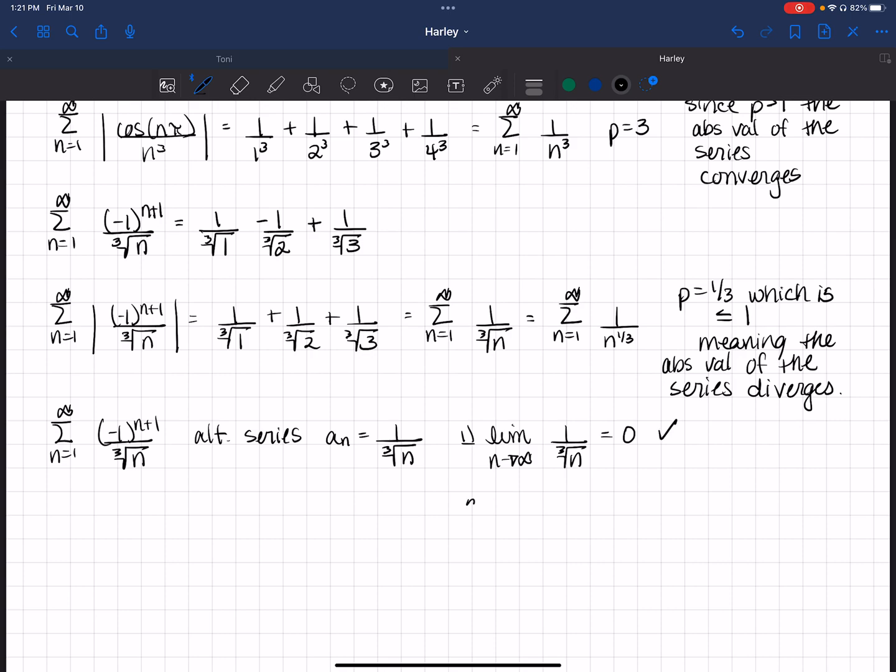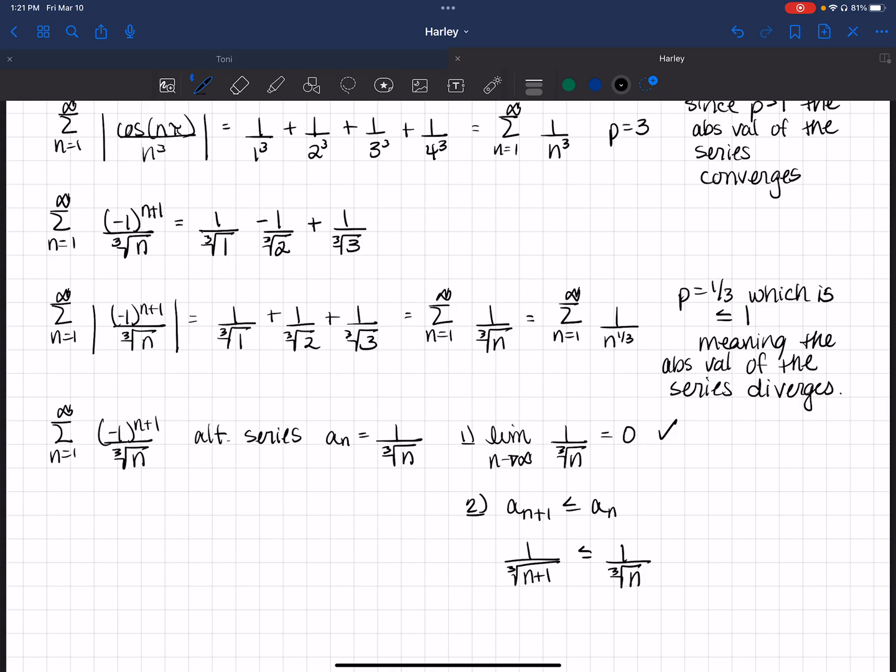And what's my second criteria? My second criteria says that a sub n plus 1 has to be less than or equal to a sub n, which means 1 over the cube root of n plus 1 has to be less than or equal to 1 over the cube root of n. Is that going to be true? Well, yes, because that n plus 1, even though I'm taking the cube root of it, produces a bigger quantity than just the cube root of n.